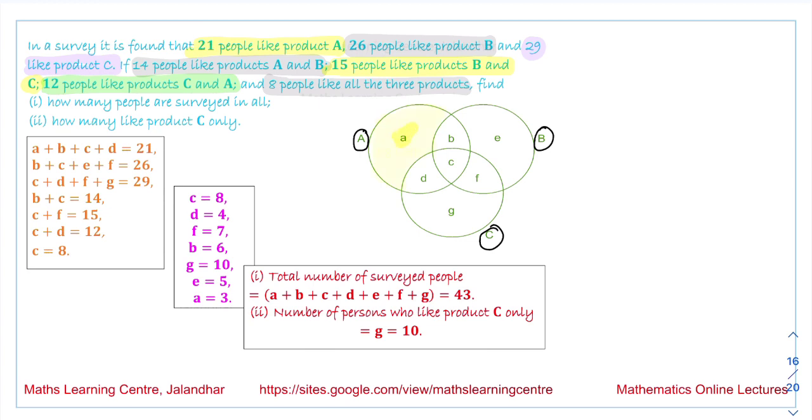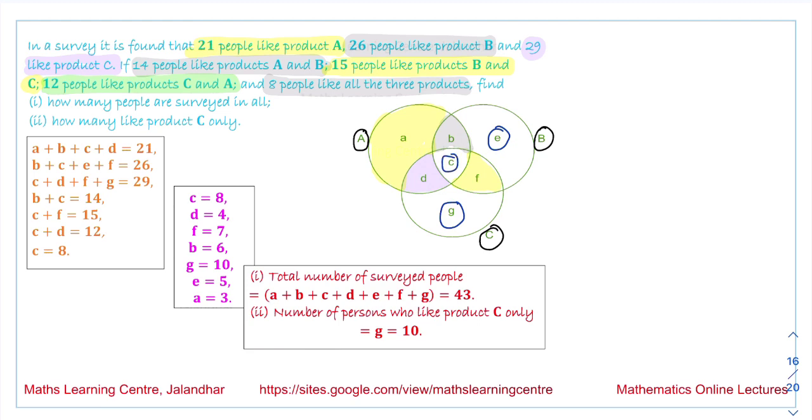We are talking about this region in A. Suppose the number of elements is A. Then the number of elements in this region is B. Then the number of elements in this region over here is D. The number of elements in this region F over here is F. Then these are the elements in this region G and C.